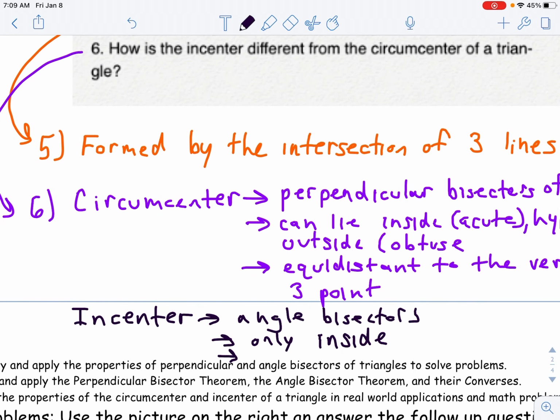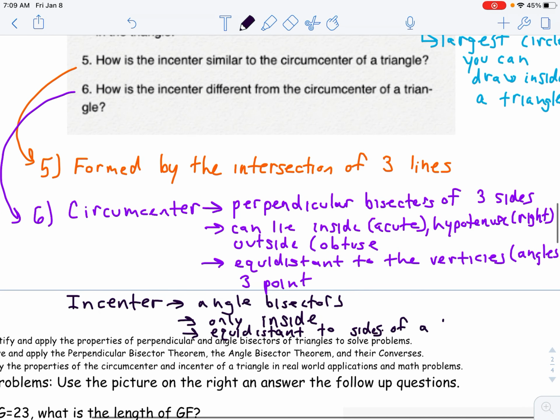All right, can only be inside, and it's equidistant to sides. So if you need to be equidistant, the point equidistant to 3 sides of a triangle is the incenter. The point equidistant to the 3 angles of the triangle is the circumcenter.